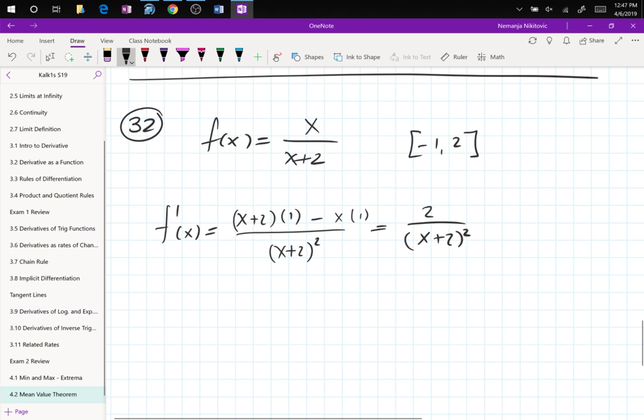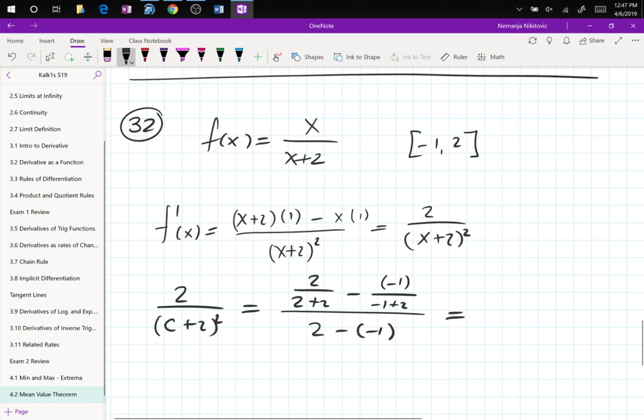So now replace that with a c. C plus 2 squared is equal to, plug in 2, so 2 over 2 plus 2 minus negative 1 over negative 1 plus 2, divided by 2 minus negative 1, which will be 3. I have 2 over 4. Minus and minus gives me plus 1.